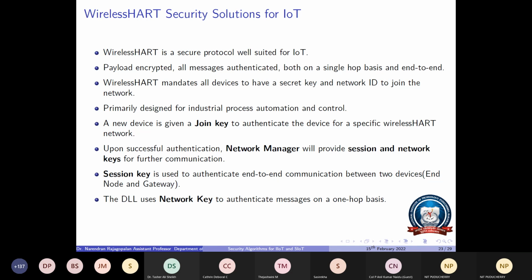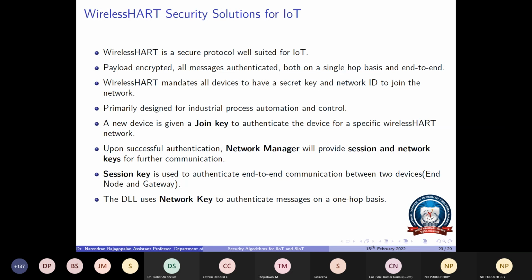This WirelessHART is primarily designed for industrial process automation and control. Basically, it is for industrial IIoT. Any new device which wishes to connect would be provided with a join key. With this join key, it is authenticated.